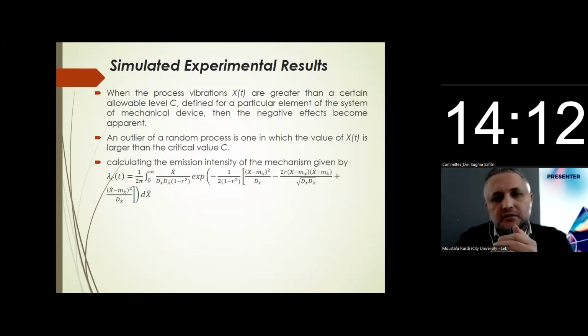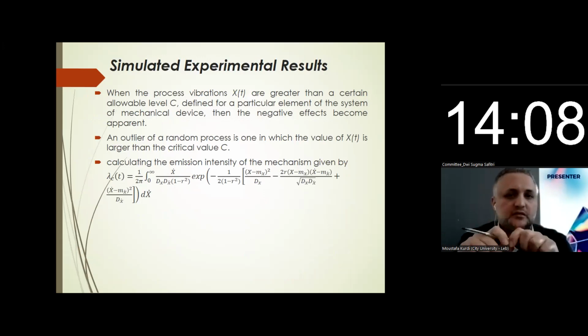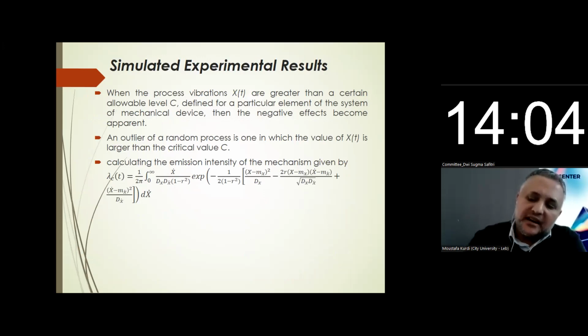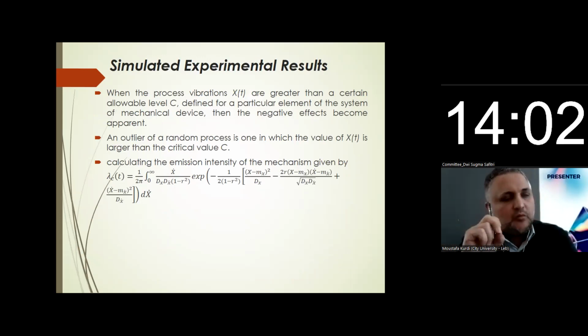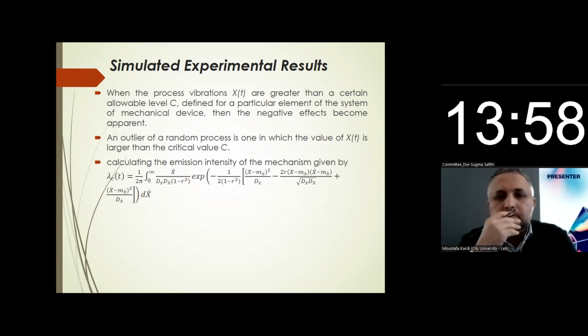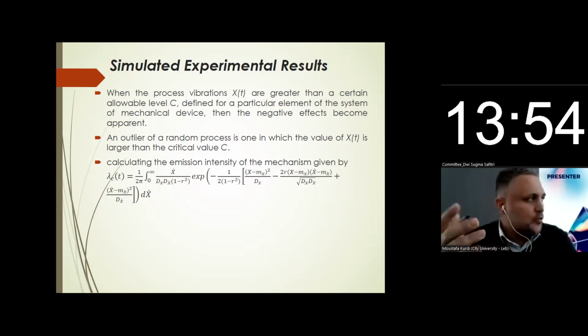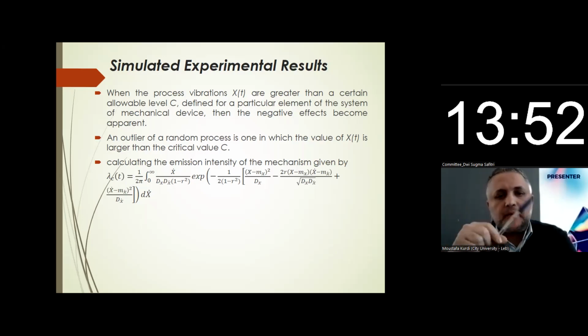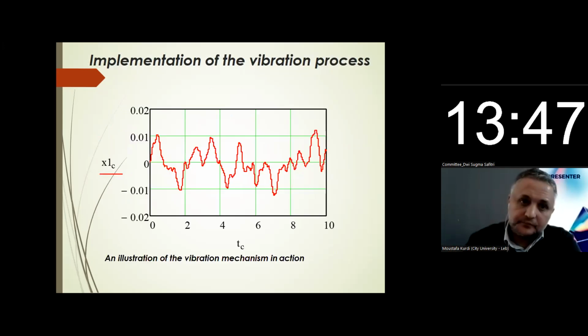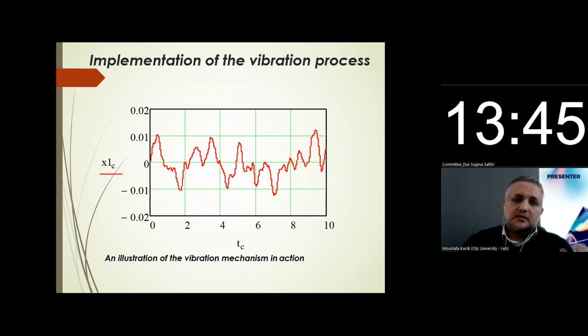Going to our simulated experiment results, when a vibration process x(t) is greater than a certain value, which is the allowable value c, defined as a particular element, then the negative effect becomes apparent. We use this formula for the emission intensity of the mechanism, given by lambda of x(t).